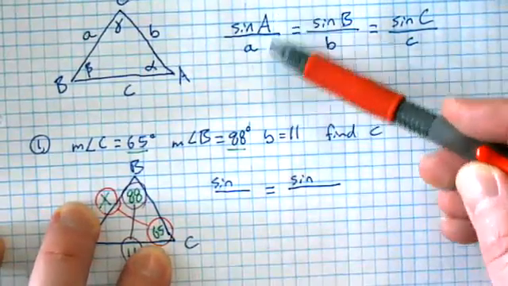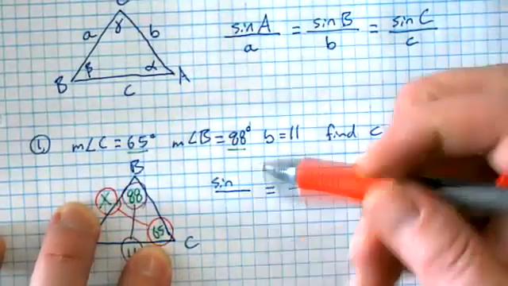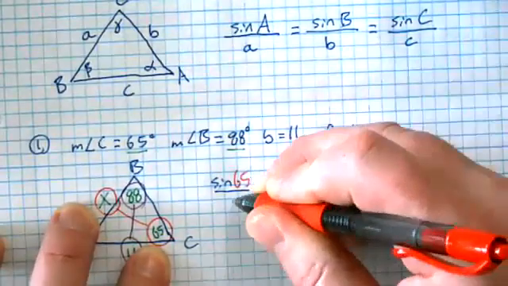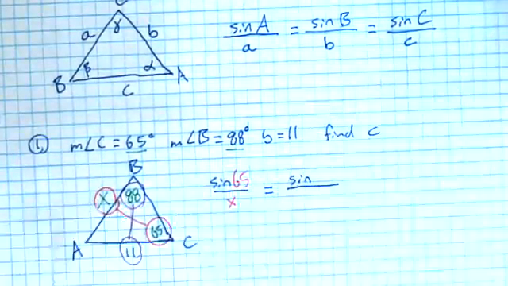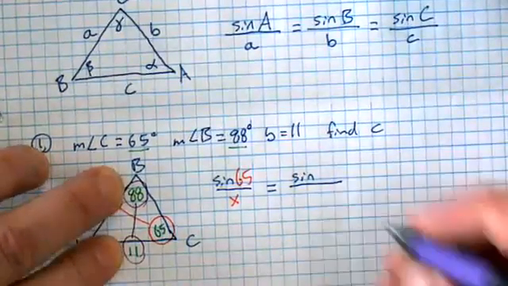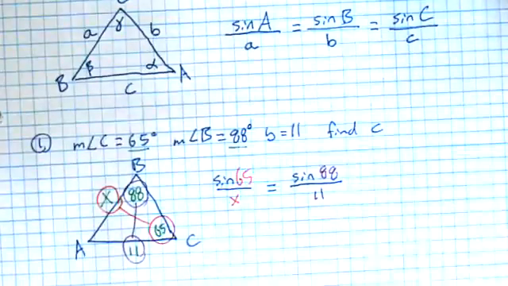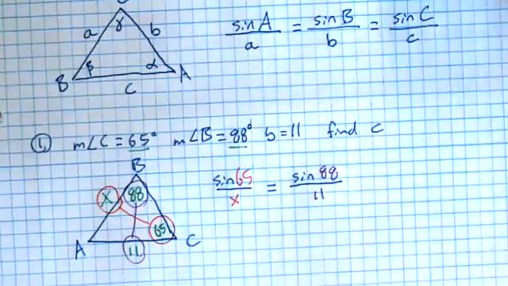That'll probably be where the most common mistake will be. So here, my angle was 65. That goes inside my sine, and the side was X. I'll put that on the bottom. And for this pair, my angle was 88 and my side was 11. So that's step two. Write your equation.